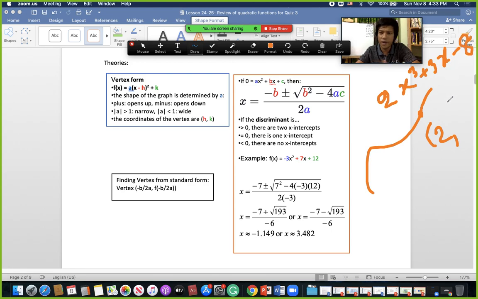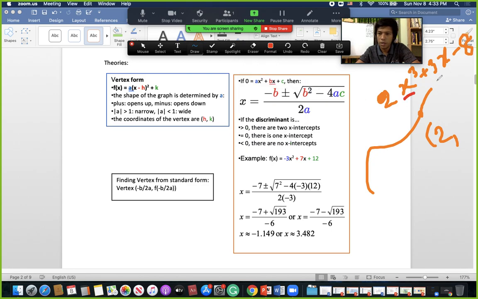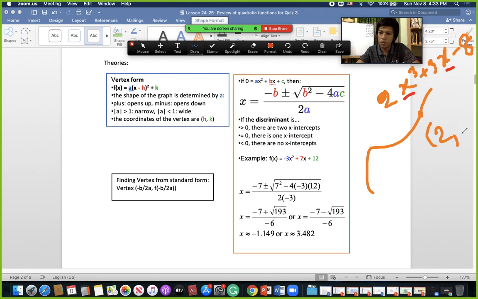Suppose in any function, this is a rule I'm trying to make: if you get the x value, then you put the x value back in the equation, and you will get the value of y if you do the calculation.